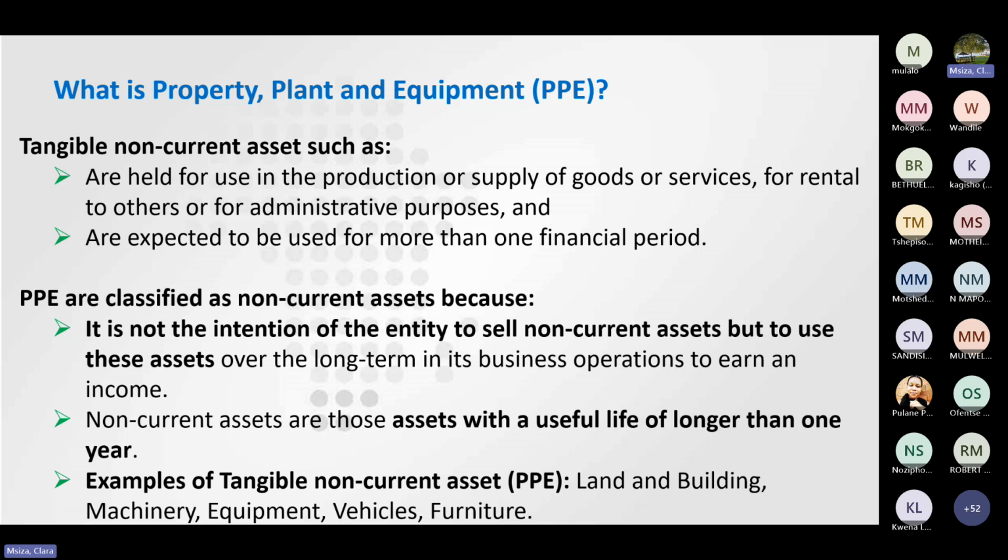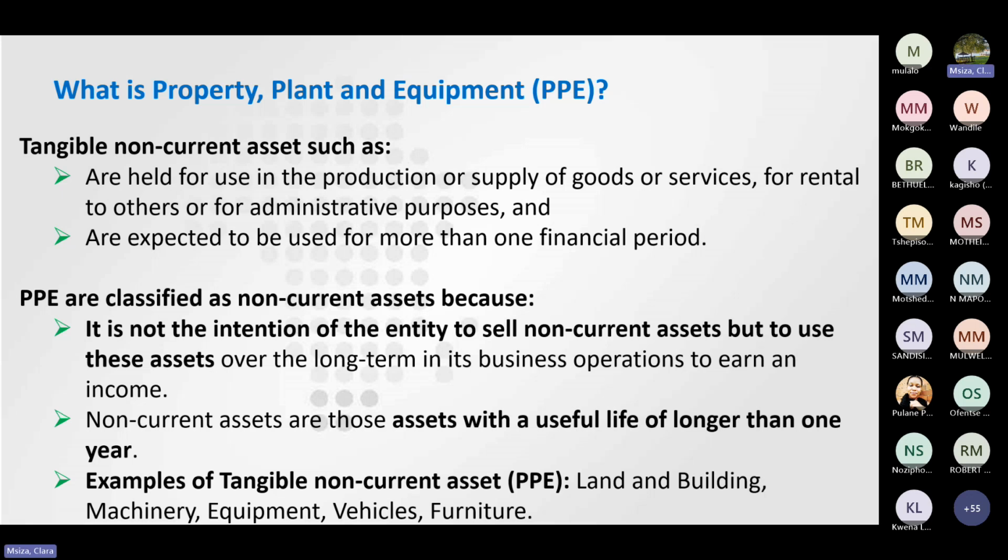Things like the car, the building, the machinery that you use in your company, those things will be called tangible assets, meaning that they must be tangible. So we are not dealing with intangible things like your copyrights. For the purpose of this lecture, we are focusing on tangible assets.